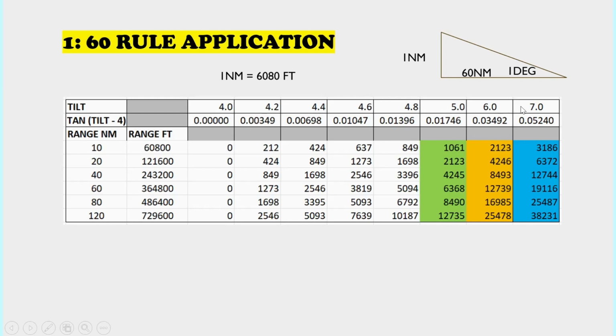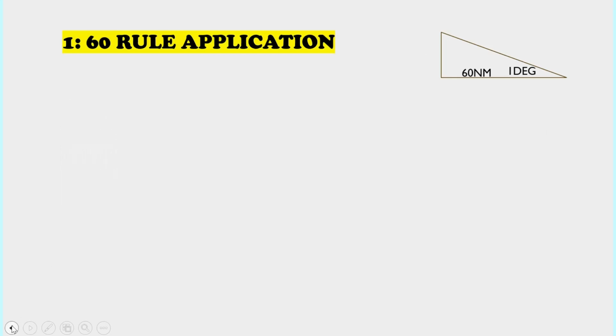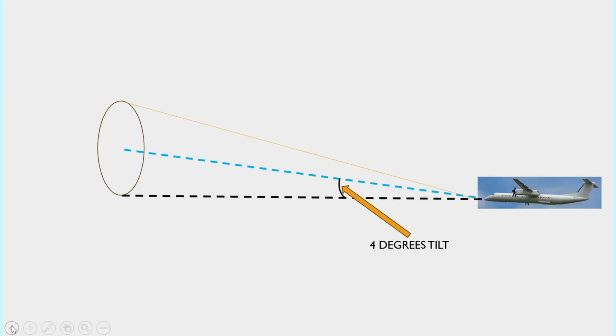Very important. The 5 degree tilt which is displayed on your ND, or your MFD rather, is actually 1 degree off track. Remember in the previous scenario, if I take you to the previous slide, your tilt is meant to be 5 degrees.